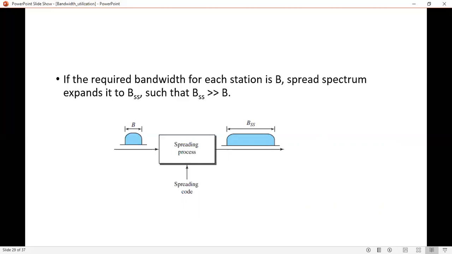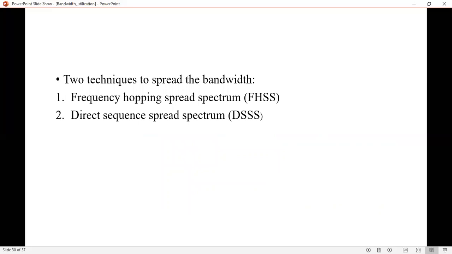If the required bandwidth for each station is B, spread spectrum expands it to BSS, the bandwidth of spread spectrum, such that BSS is always greater than B. Now there are two techniques to spread the bandwidth. One is frequency hopping spread spectrum, FHSS, and the other is direct sequence spread spectrum, DSSS.